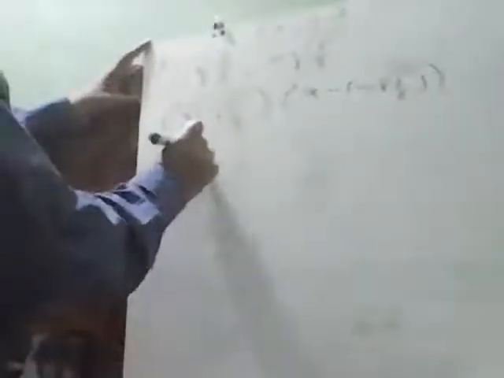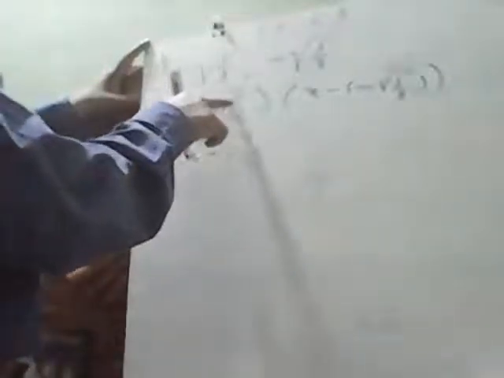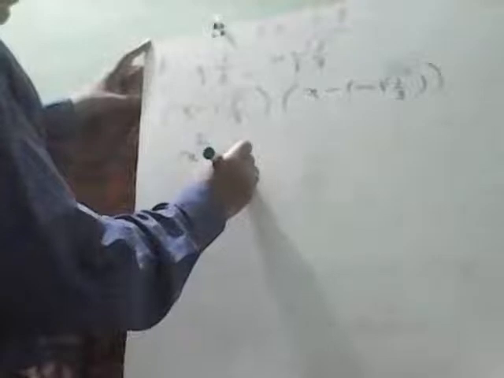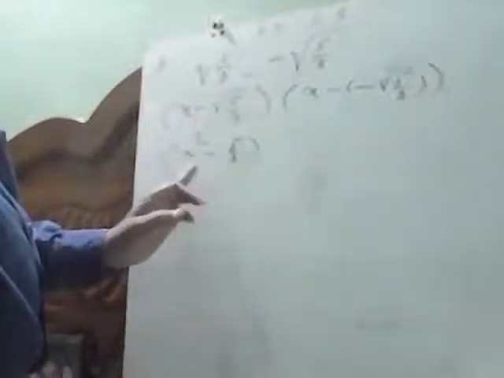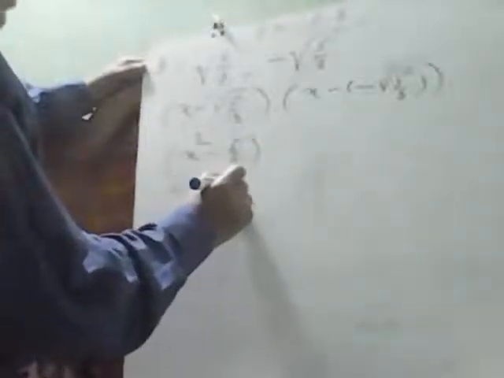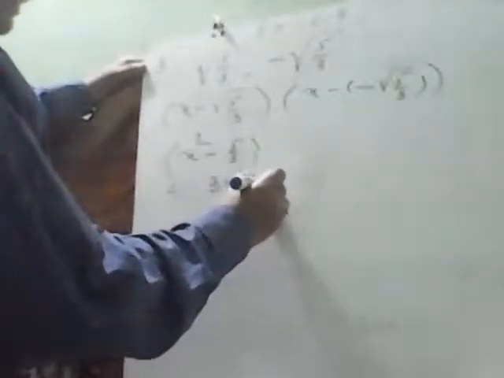Now multiplying these two, your result is x square minus 5 by 3, since root 5 by 3 squared becomes 5 by 3. The product is also a factor of the given polynomial. Now you can simplify this as 3x square minus 5 by 3.